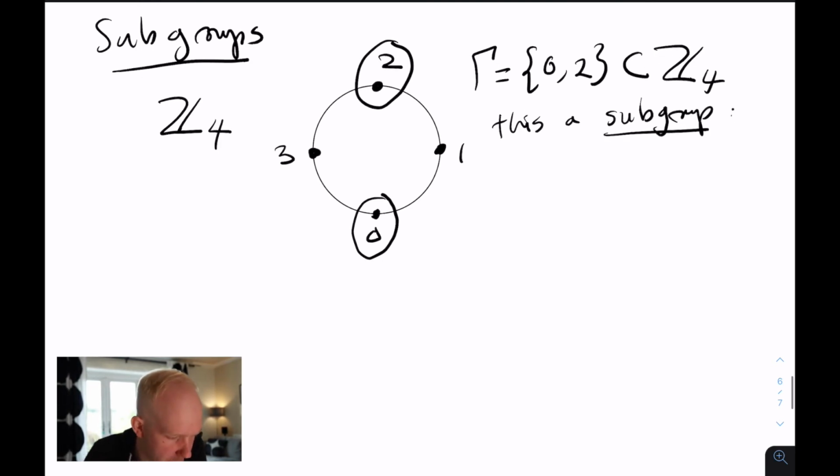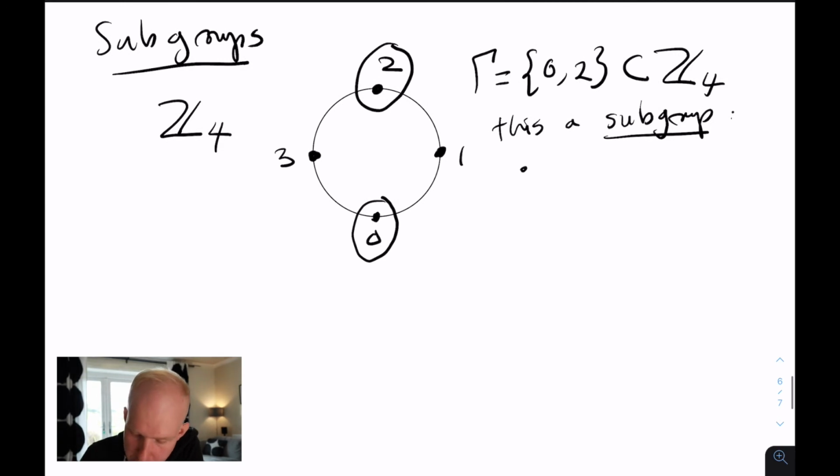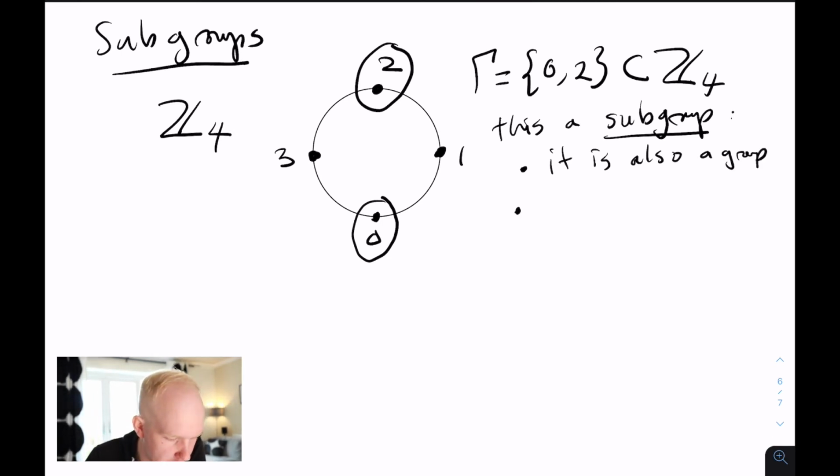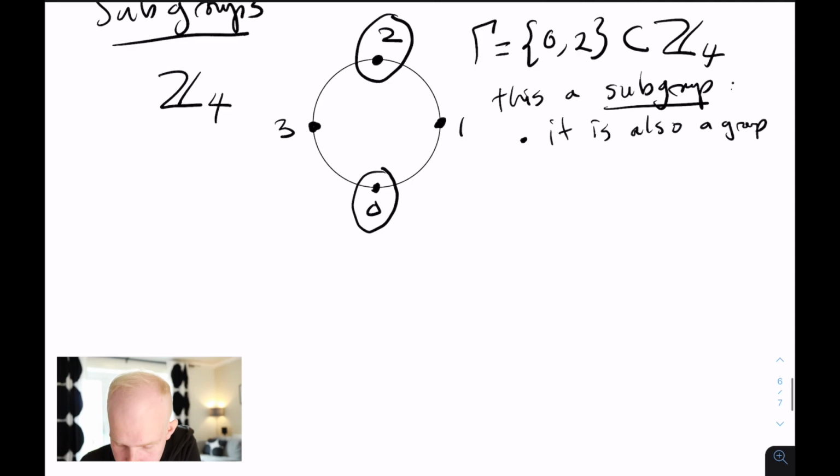Because it is also a group, and it's closed in the sense that if you have 2 points inside the set, the result stays inside.